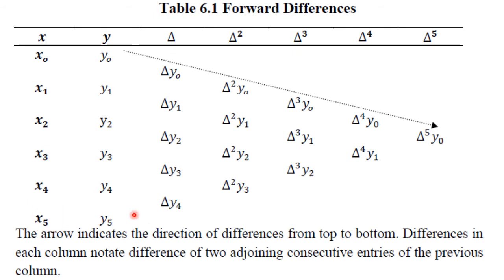You can only apply it on y4, y3, y2, y1. Similarly, the second one you can apply on the third, and so on. In this way you simply move through the table, so that's why you just consider this arrow direction.